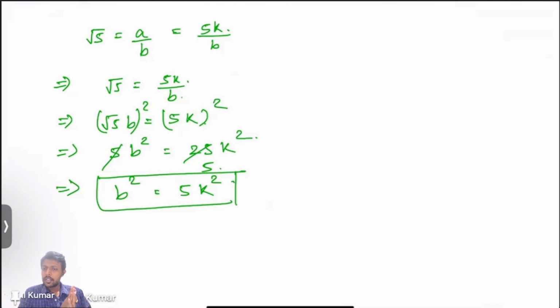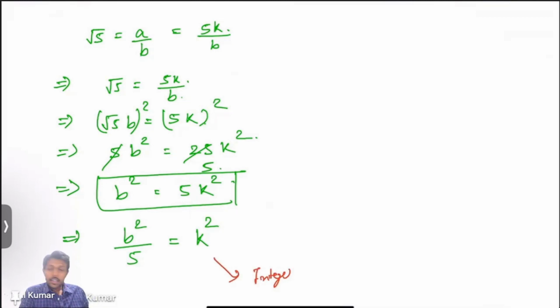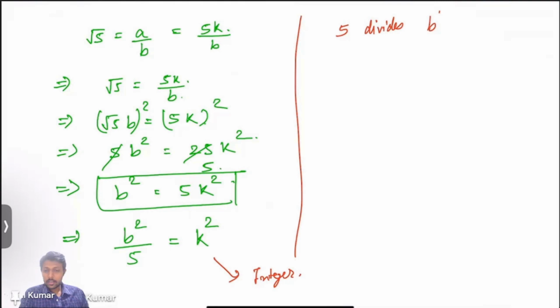Okay. Something very similar to what happened with a that time. Okay, so we have this. Or b square upon 5 is giving me some integer. This is some integer, right? So can I say that 5 completely divides b square?